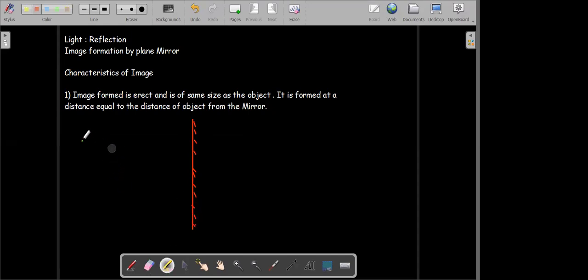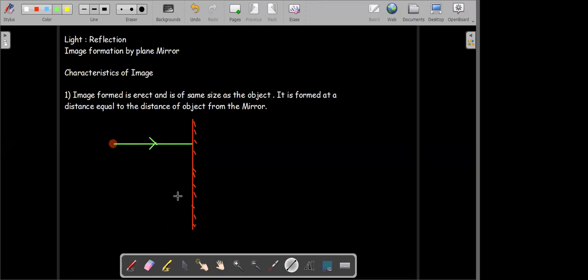Suppose you keep an object and I want to see the image of this object inside the mirror. I draw the incident ray coming out of the object. To obtain the image of this object, I need two light rays. The first light ray goes straight, so a light ray which falls straight on the mirror. Can you tell what will be the angle of incidence?